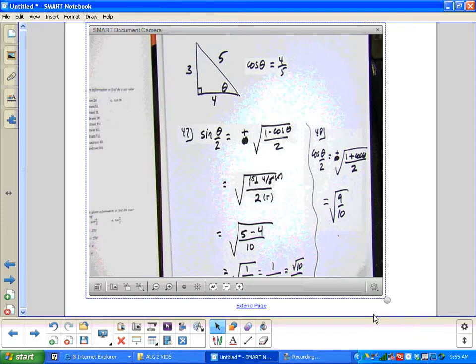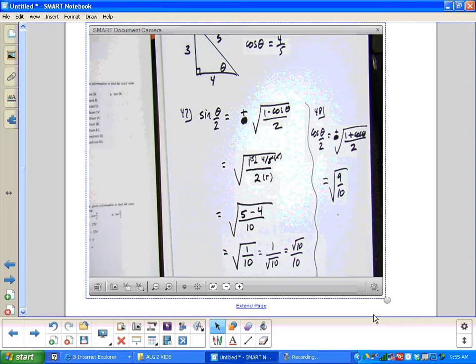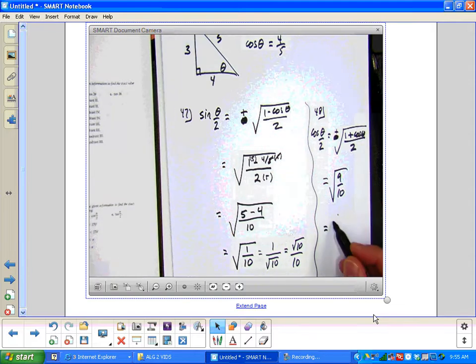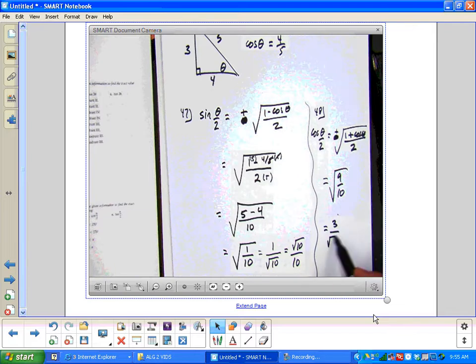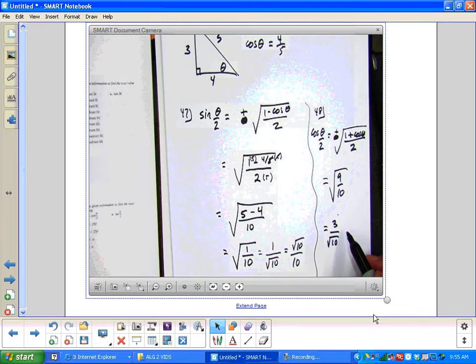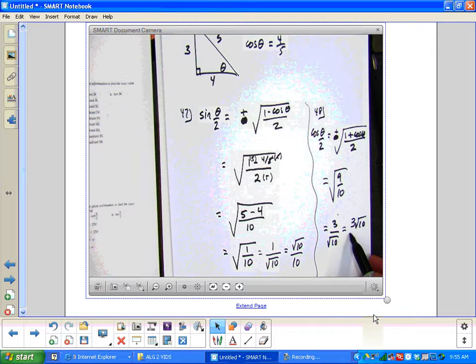Okay, now, so let's think about the fraction again. We do like she said, the square root of the top and the square root of the bottom. The square root of 9 would be 3. And the square root of 10 is just going to be square root of 10. Okay. Now, if we rationalize this, this is going to give me 3 square roots of 10 over 10.